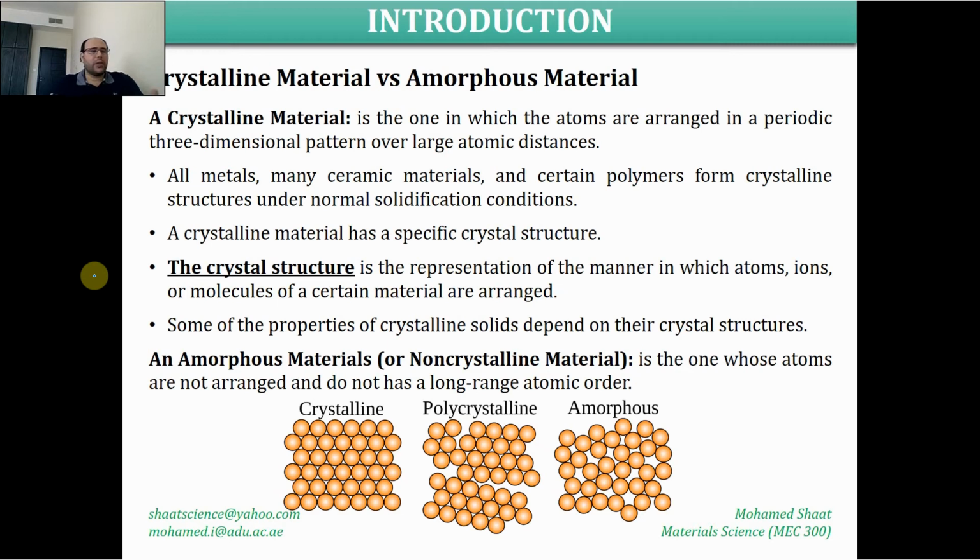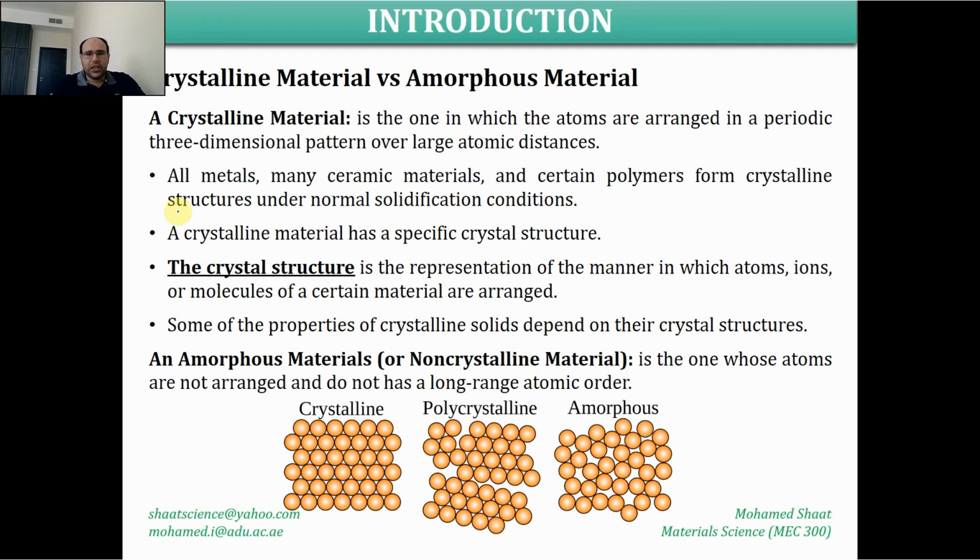So what is the difference between a crystalline material and a non-crystalline material, which is commonly known as amorphous material? In terms of the arrangement of atoms inside the material structure, we can group materials into two main groups: crystalline materials and amorphous materials.